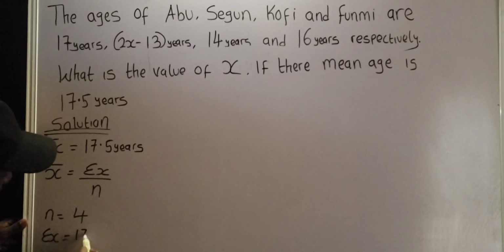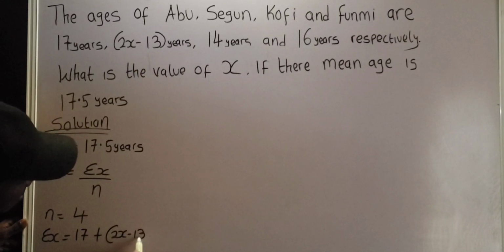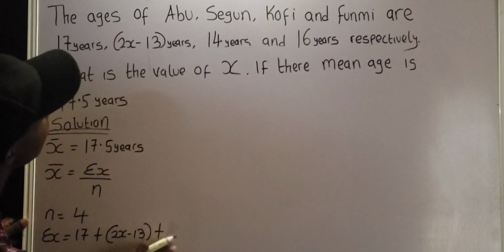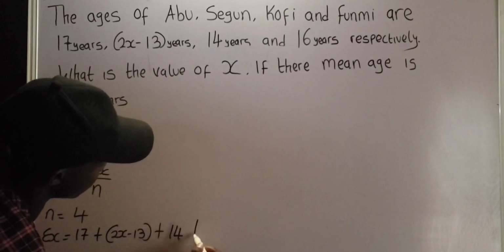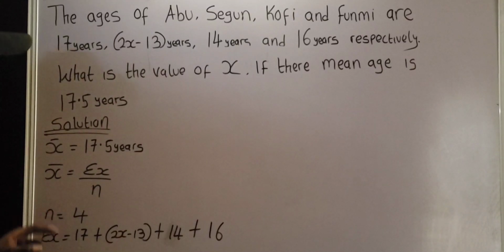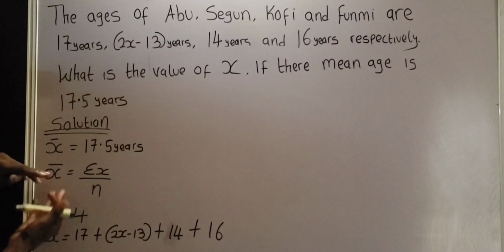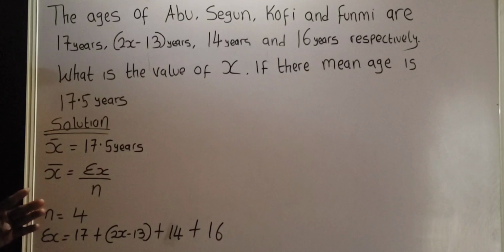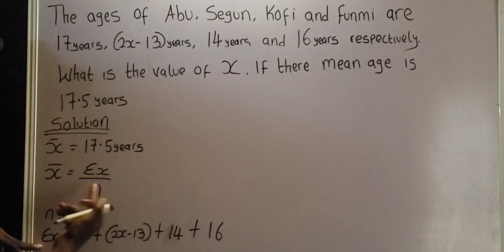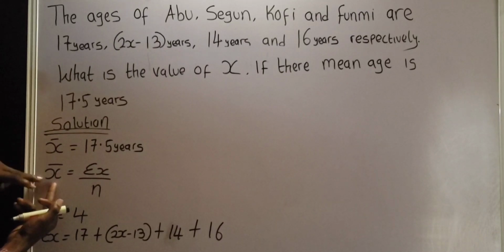So I'm going to have 17 plus 2x minus 13 plus 14 plus 16. So we can easily calculate by substituting all these values into the formula. We can get the value of x by substituting n equals 4 and summation x as this, and substituting mean as 17.5.